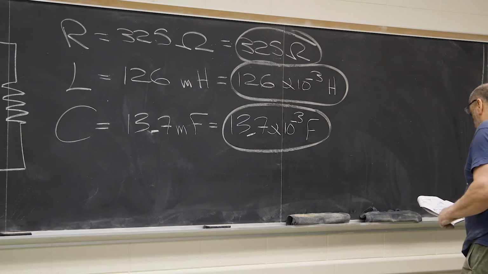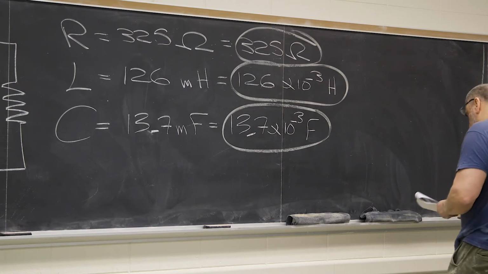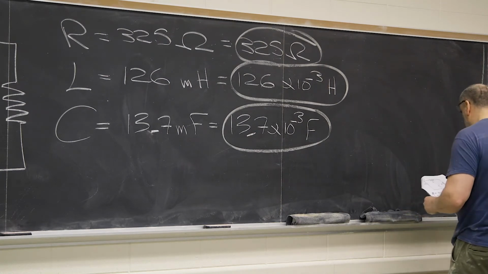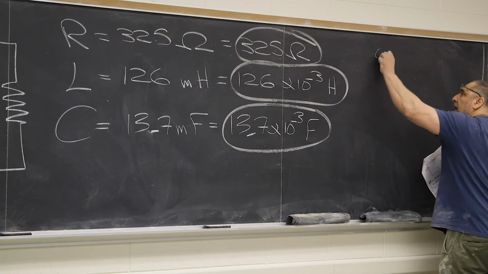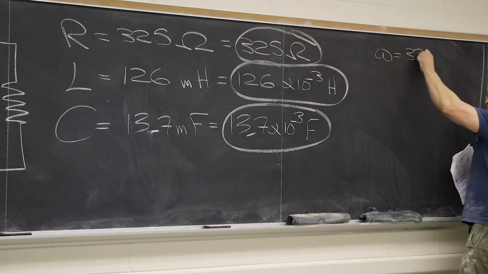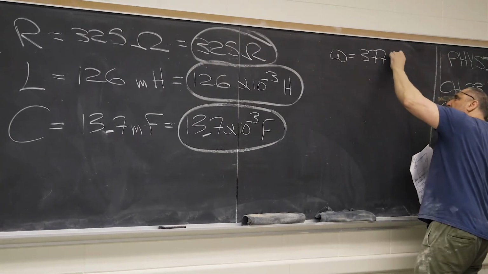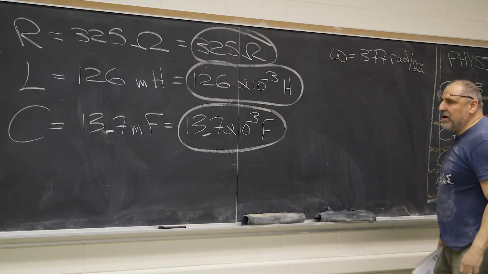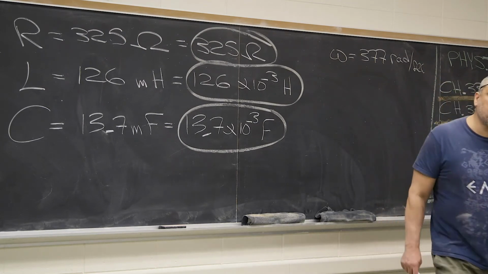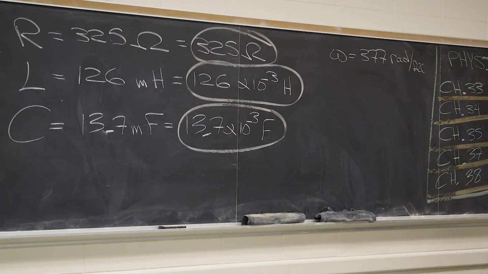We wrote this. And they told us a bunch of things here. They said 377 radians per second. That is the angular frequency, which is not the same as frequency.